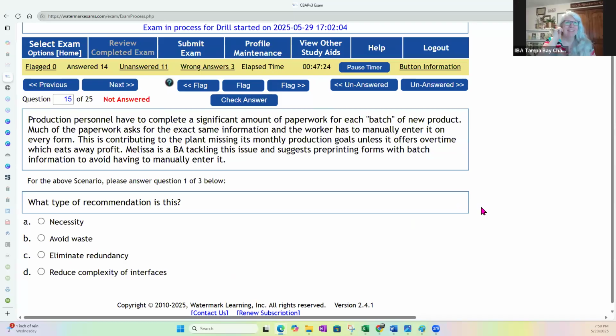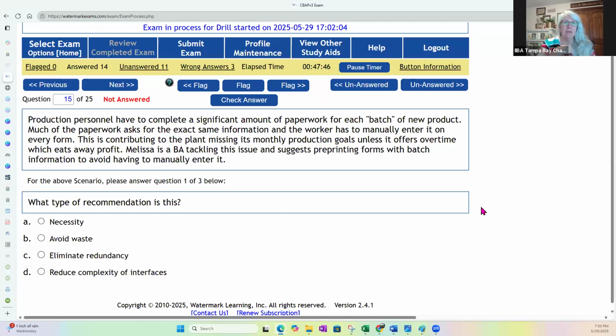That was good. Production personnel have to complete a significant amount of paperwork for each batch of a new product. Much of the paperwork asks exactly the same information, and the worker has to manually enter it on every form. This is contributing to the plant missing its monthly production goals unless it offers overtime, which eats away profit.